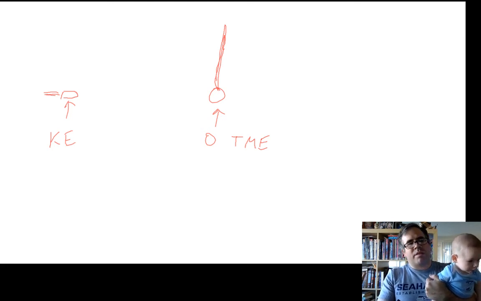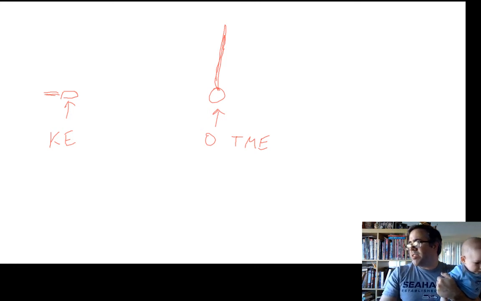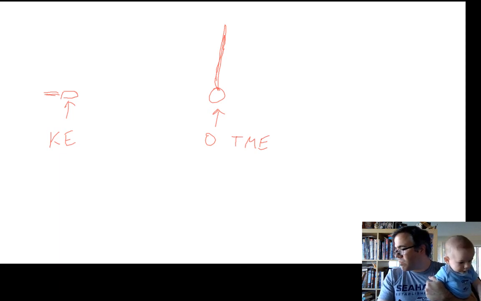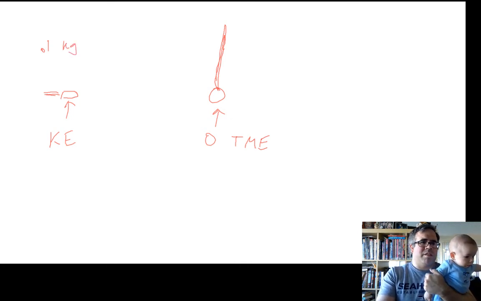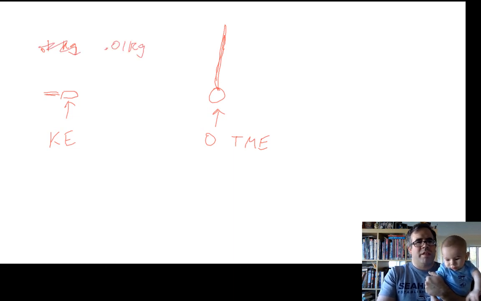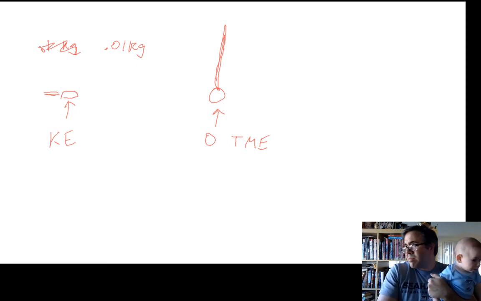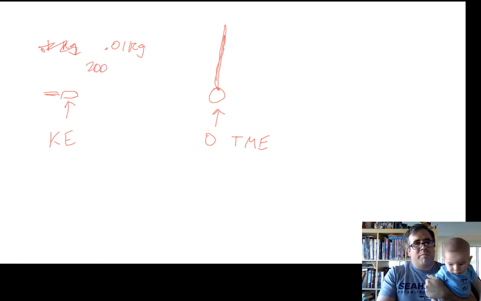So let's say, what's a good speed for a bullet? 50 meters a second? Bullets are usually small, so we'd say something like 0.1 kilograms. That's actually pretty large for a bullet. Let's make it 0.01 kilograms, and it's going 200 meters a second.